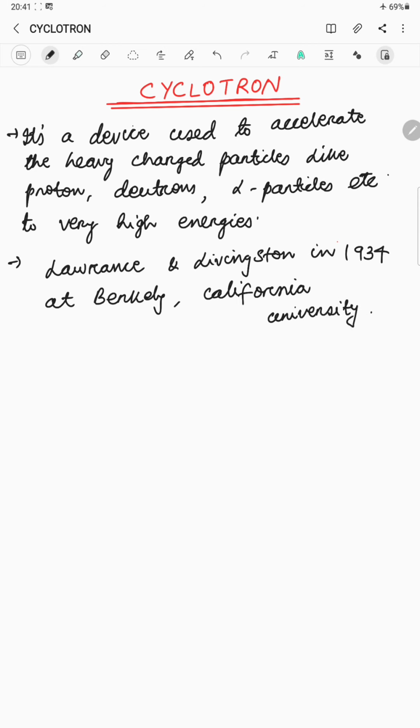Now it is based on which principle? So now let us talk about the principle. This comes as one mark question. Write the principle of cyclotron.